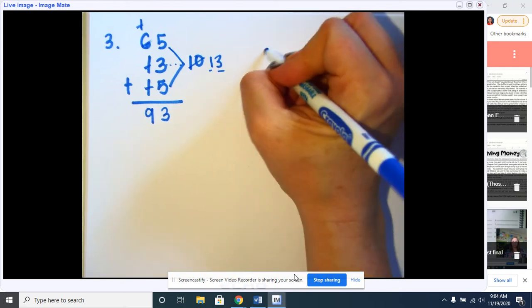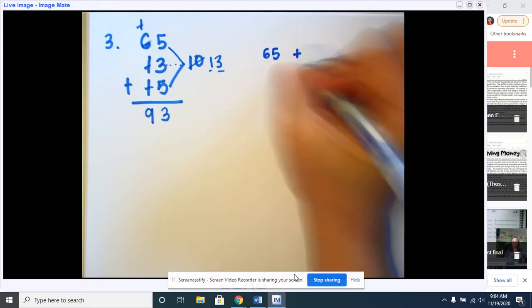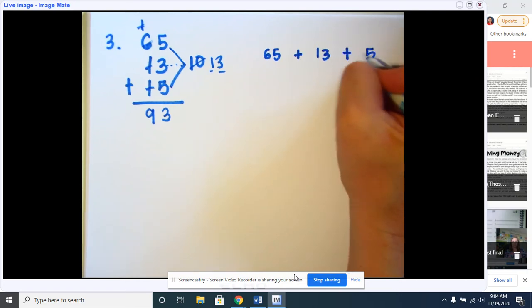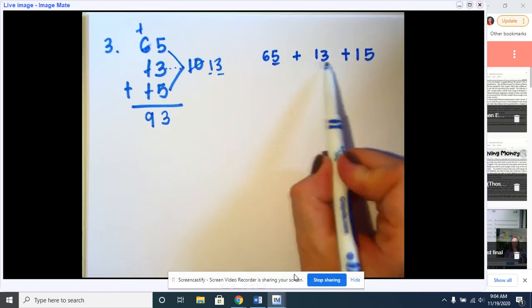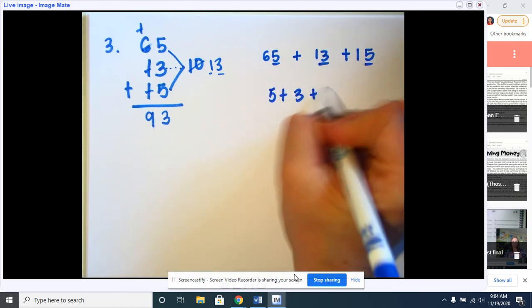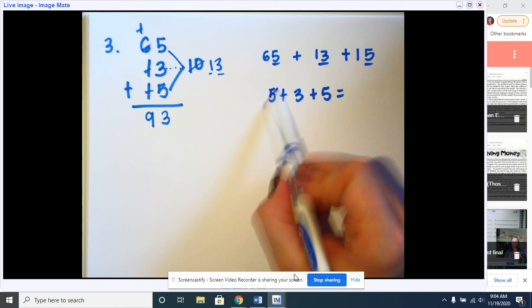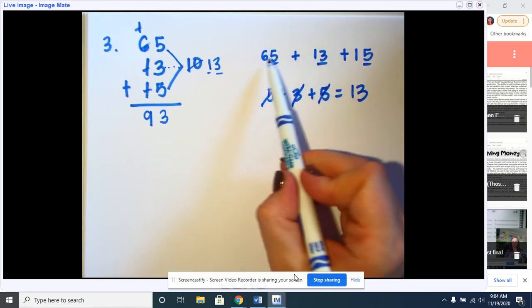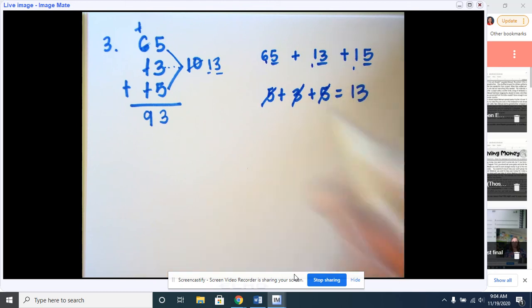Let's do tens and ones. 5 plus 3 plus 5: 5, 10, 13. Then 60, 10, and 10.